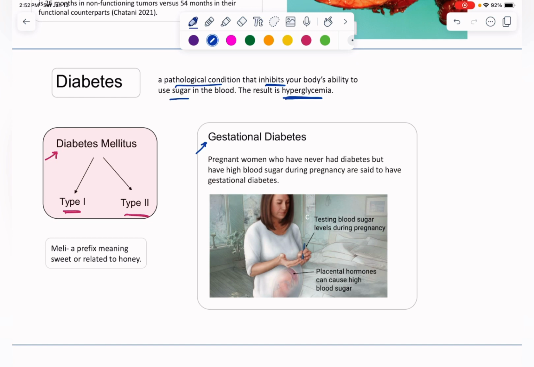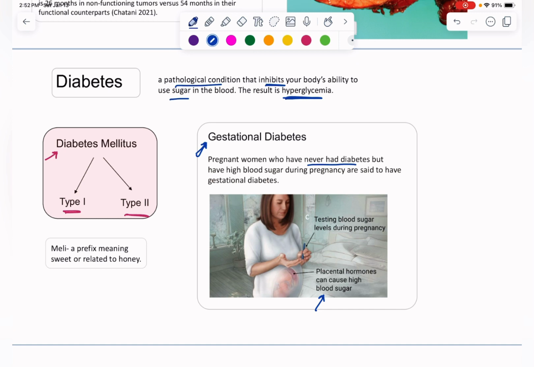Gestational diabetes can occur during pregnancy. Pregnant women who have never had diabetes can have high blood sugar during pregnancy because you can have hormones that are released by the placenta that can cause this high blood sugar.